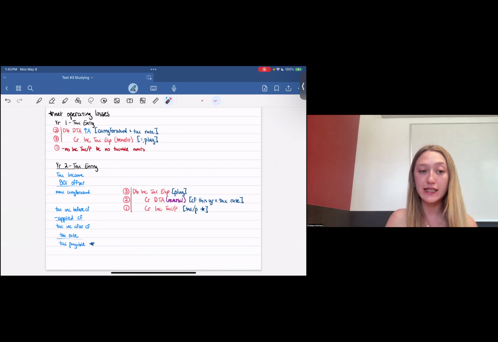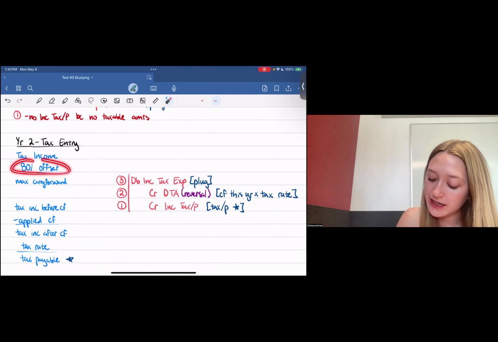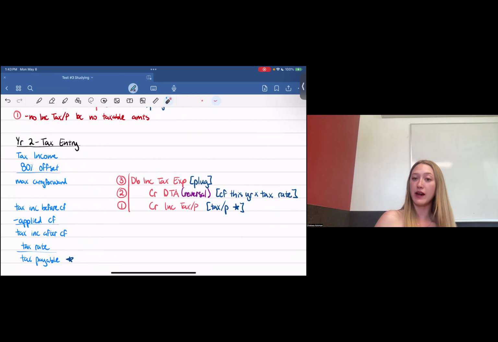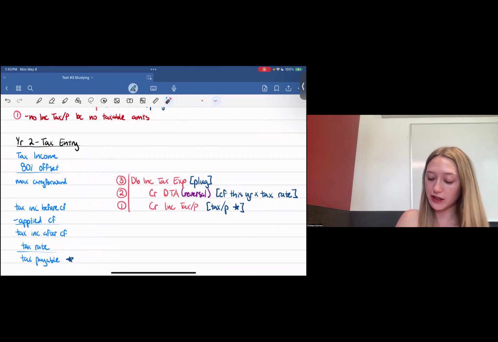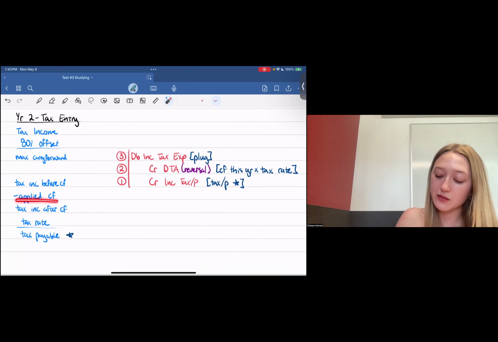Then our year two tax entry gets a little bit more complicated. So you take your taxable income times the 80% maximum offset that you can have of the carry forward. So that'll give you your max carry forward amount. Then you take your taxable income before the carry forward, subtract this applied max carry forward, then you find the taxable income after the carry forward, apply the tax rate, and get your total final tax payable.